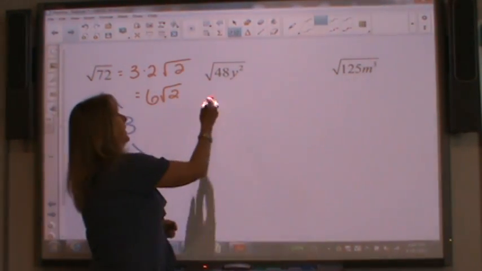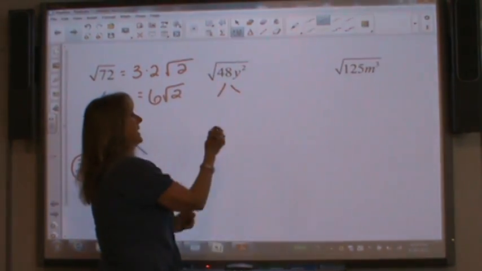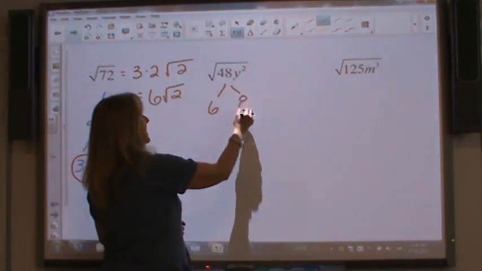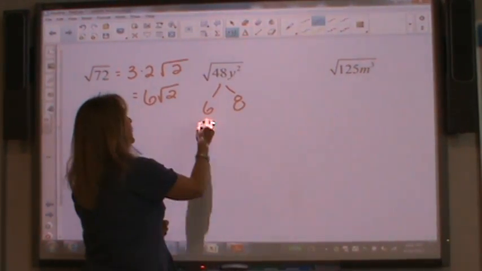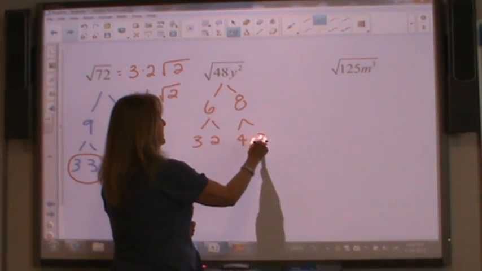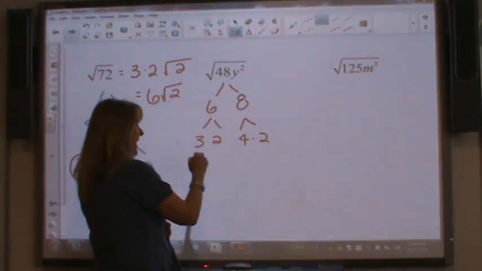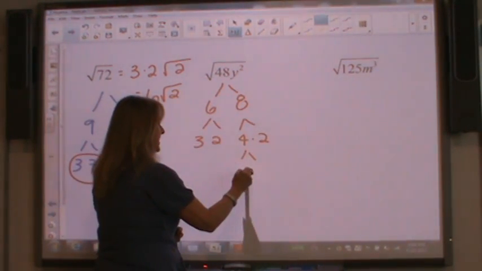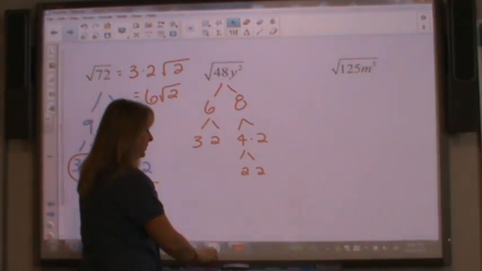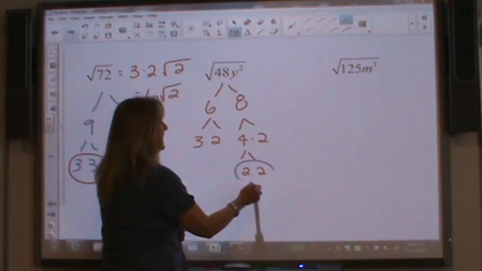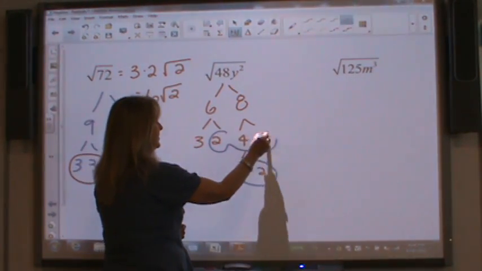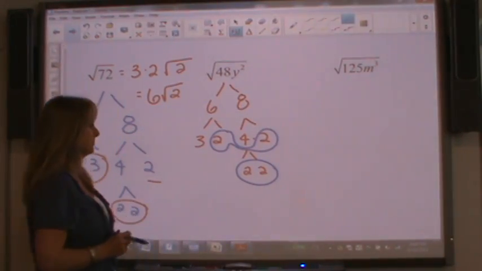All right, let's look at 48. You may not recognize if there's a perfect square in there right away, but you might see it as 6 times 8. And then 6 has a 3 times 2, and 8 has a 4 times 2, okay? And then I'm noticing that 4 has a 2 times 2. So every time you see 2 of the same numbers, they go on the outside. So I have 2 2's here, and I also have these 2 2's right there, okay?